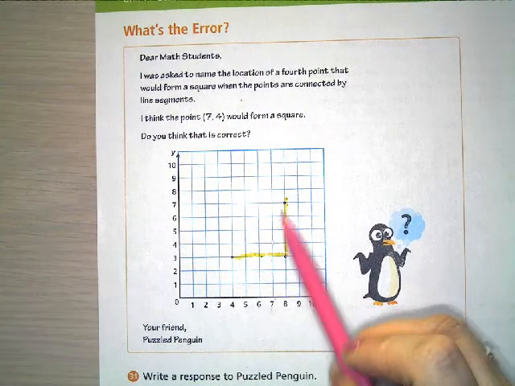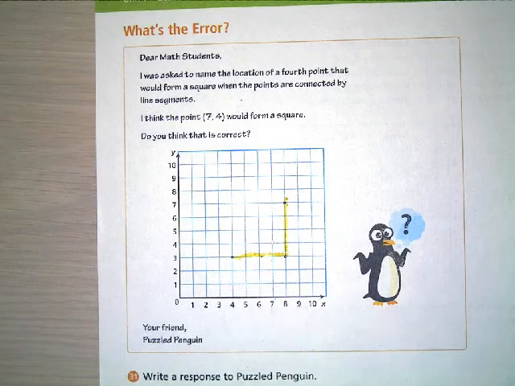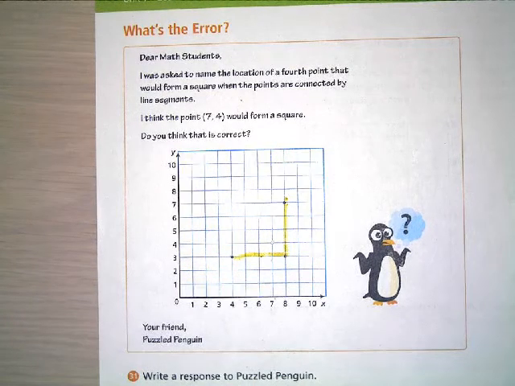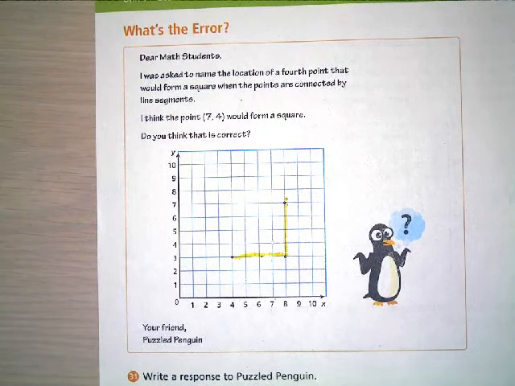That is where he thinks it goes. If I connect these points, it will make like an airplane triangle thing. Actually, it still would make a quadrilateral, but it's a weird shape. Does that make a square if he puts it at 7, 4? No. What was his mistake?